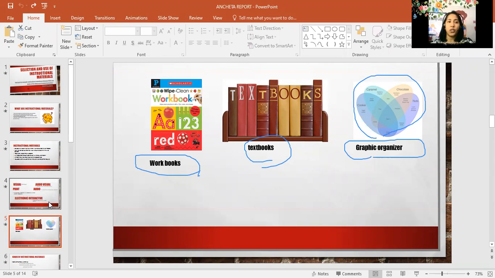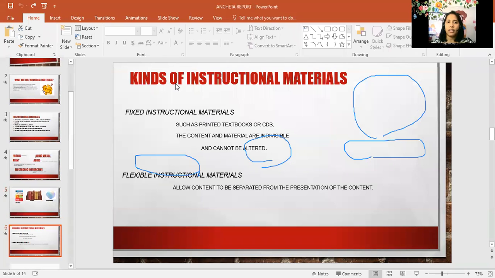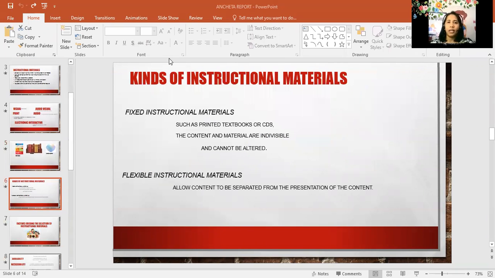Okay, so that is some examples of the instructional materials. Next is the kinds of instructional materials. We have the fixed instructional materials. These are printed textbooks. The content and the material are indivisible and cannot be altered.